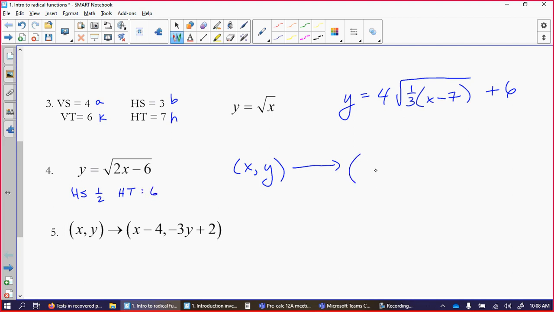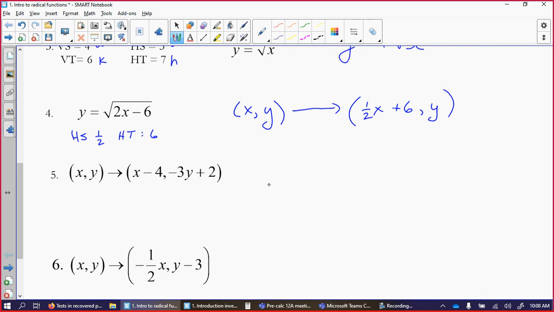So our mapping rule, and this is why, in hindsight, if I had done this whole course, I would have started with transformations, because when we do graphing trig stuff, everything would be so much simpler. x, y goes to a half x plus 6. y doesn't change because there's nothing there.